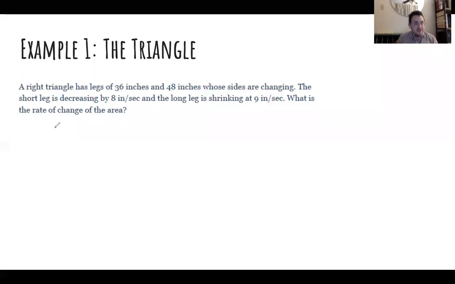I'm just going to put that basic geometry formula: area equals 1/2 times base times height. And you may find it helpful to map out your product rule.